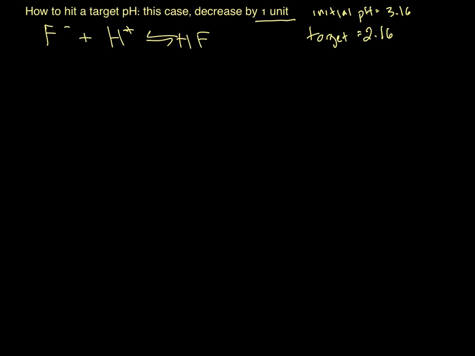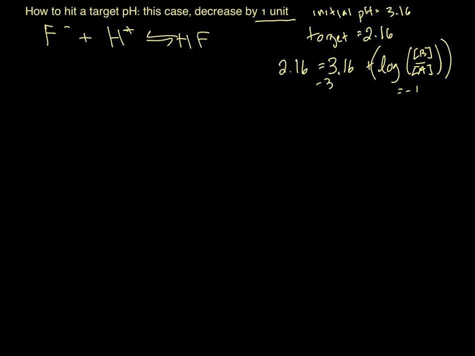If we look at our Henderson-Hasselbalch, we have our target pH, which is 2.16, equals the pKa, which is 3.16, plus log the concentration of our base over our acid. So since we want our pH to decrease by 1, that means that this term right here has to equal -1.